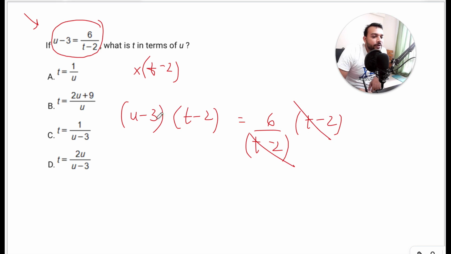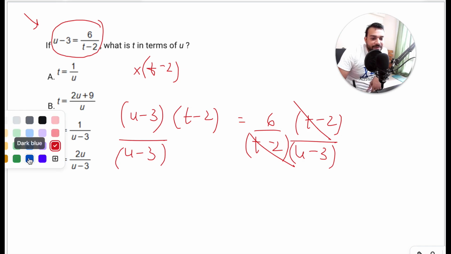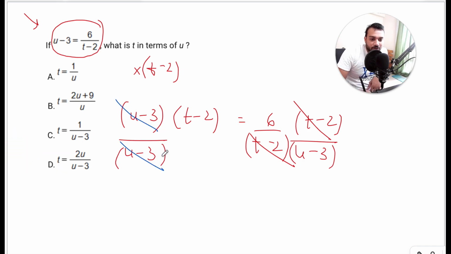Now we'll get rid of the u minus 3 from the left hand side. For that, divide both sides by u minus 3. The u minus 3 in the numerator and denominator cancel. t minus 2 is equal to 6 upon u minus 3. Next, we get rid of this negative 2 with the t, so add a 2 to both sides.